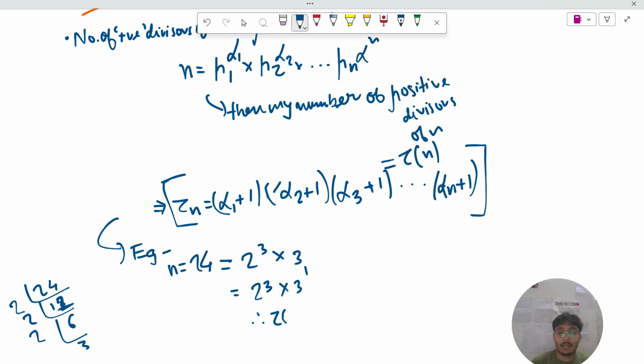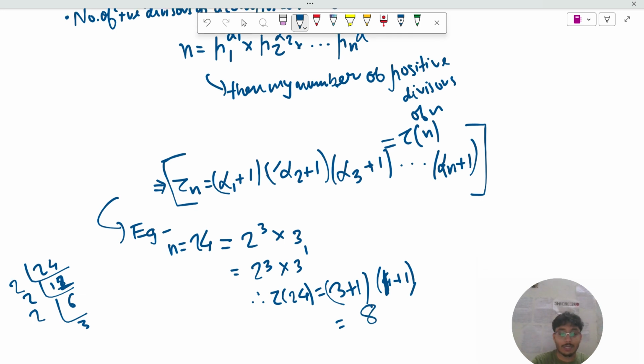Therefore, if I want to calculate tau of 24, that is the number of factors of 24, I have to do 3 plus 1 into 1 plus 1. Sorry. So 3 plus 1 is 4, into 2, that is 8.